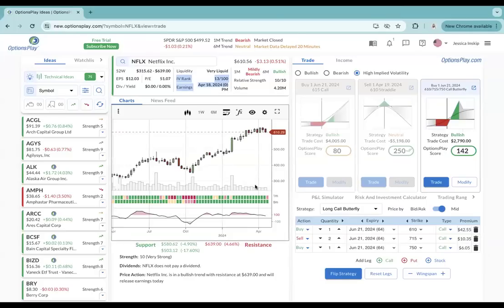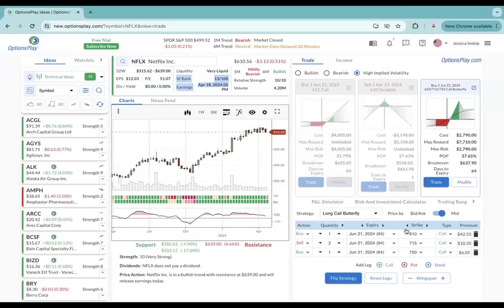Carl asked about capping. So I mean capping my risk as in stopping my risk at a certain price point. So if I have a 610 call here, I'm selling the 715. That's capping or stopping my gain potential in this case.